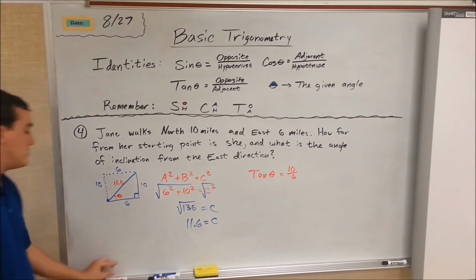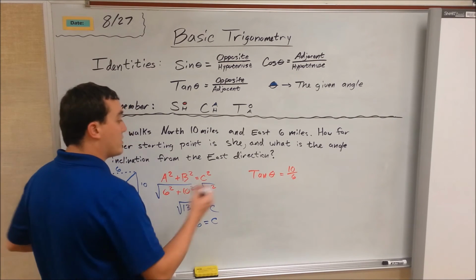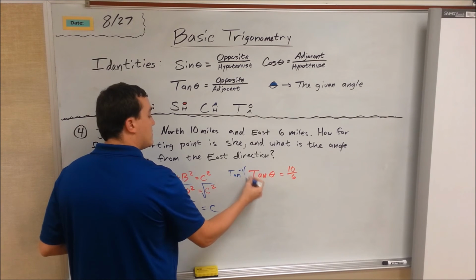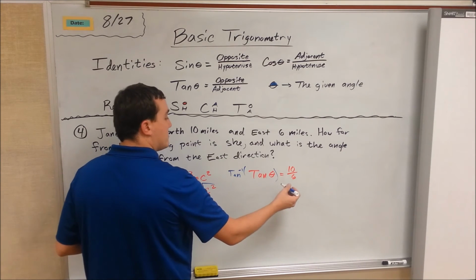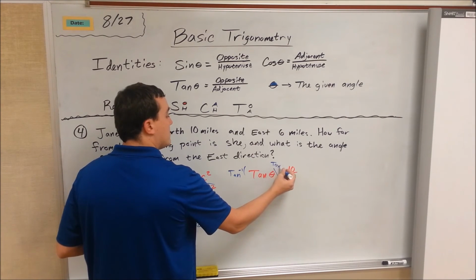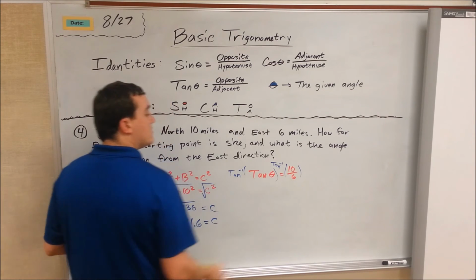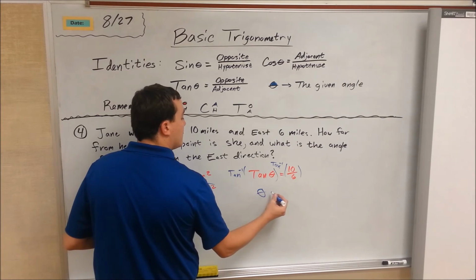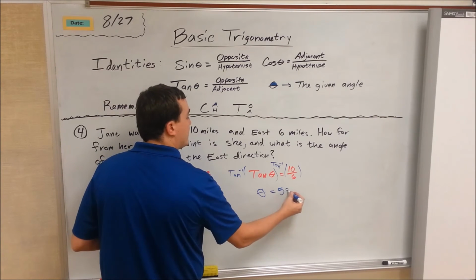And we solve for theta by getting rid of tangent by using arctangent again on both sides. Okay? So we get theta ends up being about 59 degrees.